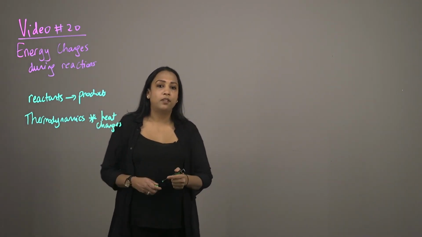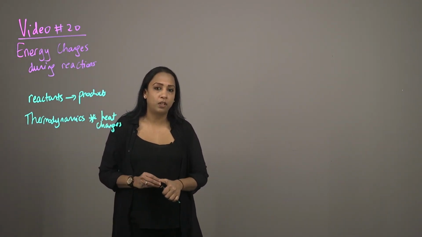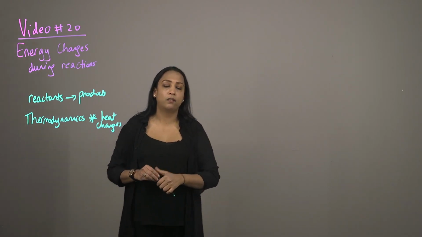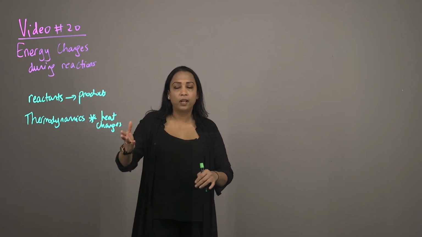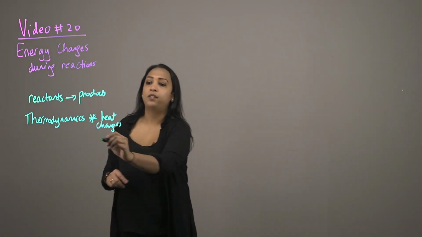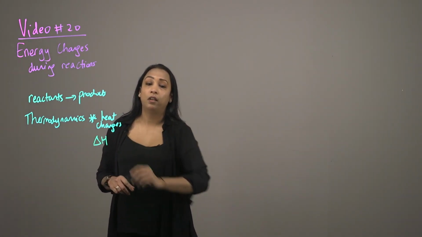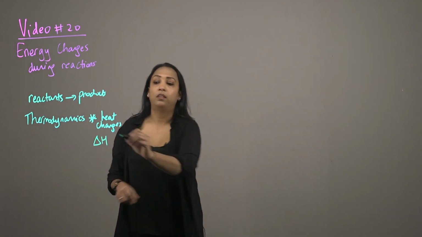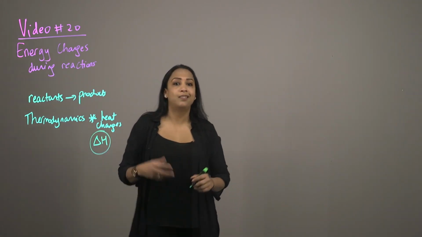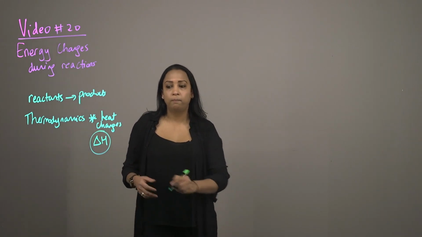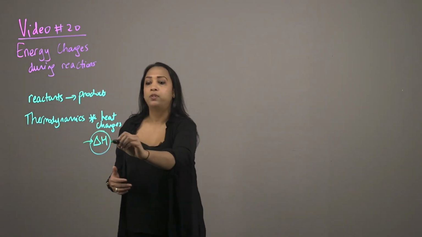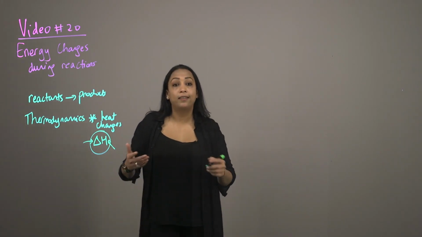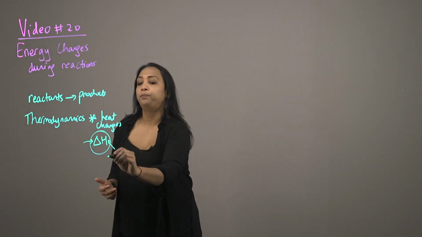But before we get into the thermodynamics, let's mention that there are two aspects to any chemical reaction. We have the thermodynamic aspect, which is related to the amount of heat. This is normally represented using delta H. So delta, which means change, and H, which means heat, or enthalpy, as we like to say.